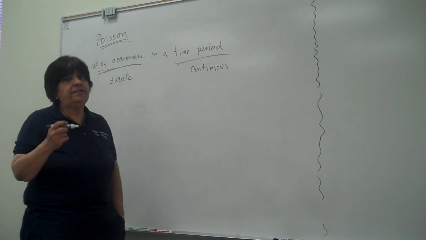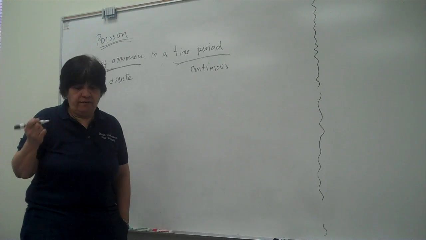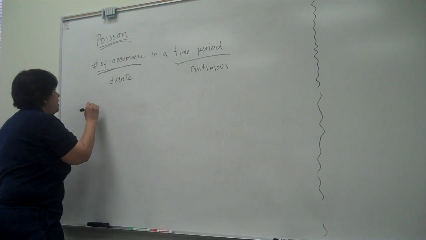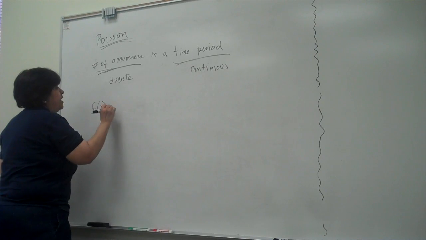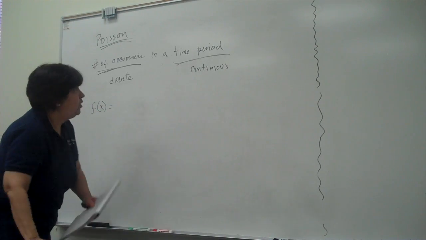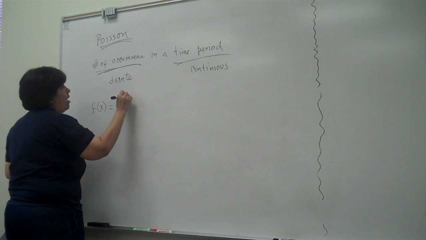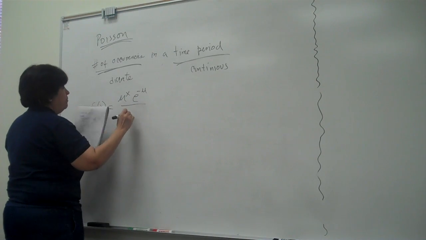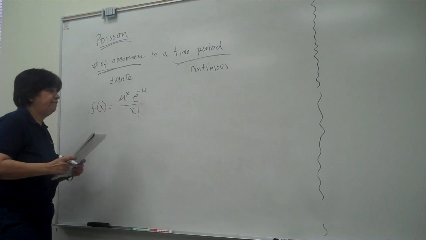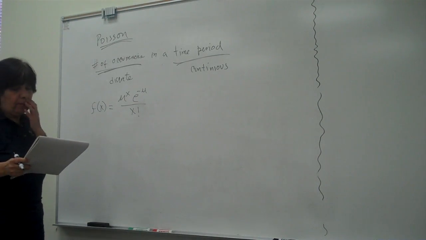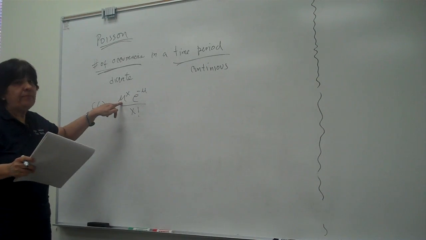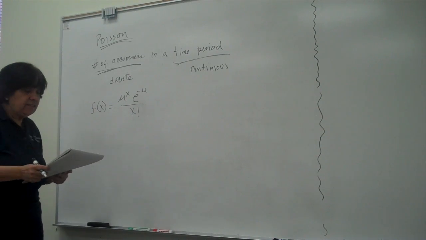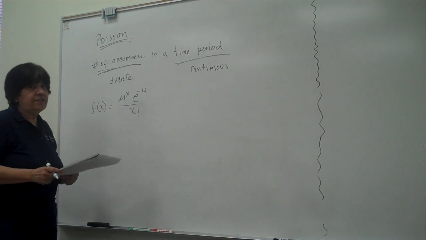Now, we have only one parameter in this case, and this is the mean, the mu, and the mu is the expected value of the function. We have the function defined: f of x is equal to mu to the power of x, e to the minus mu, divided by x factorial. So mu is the expected number of occurrences in the time interval.